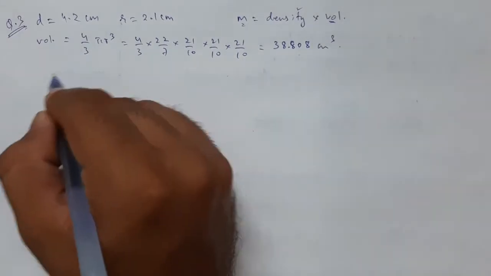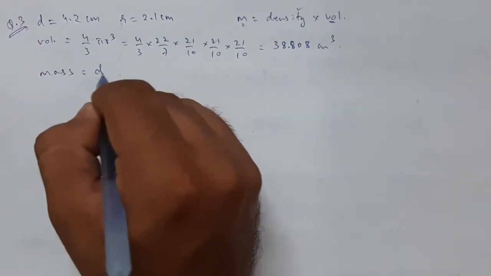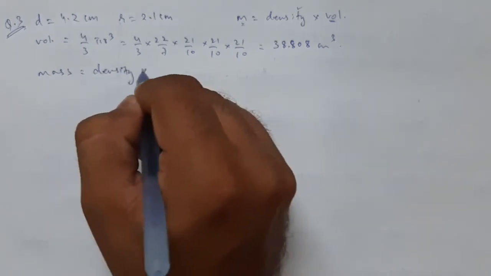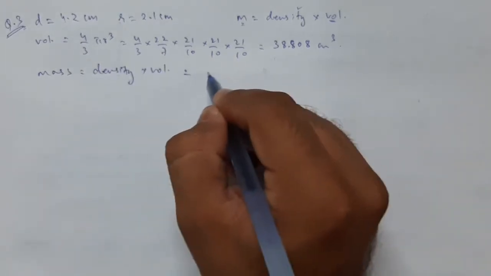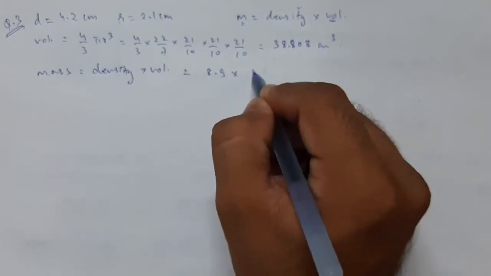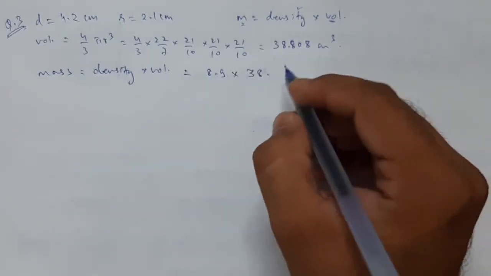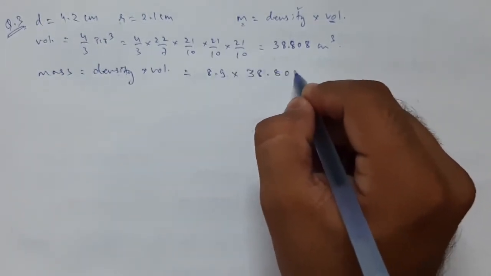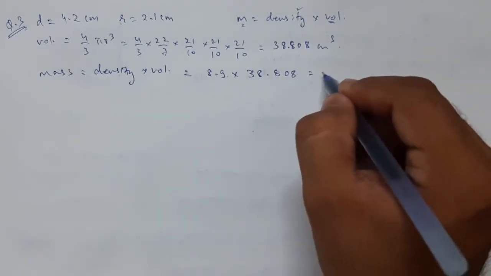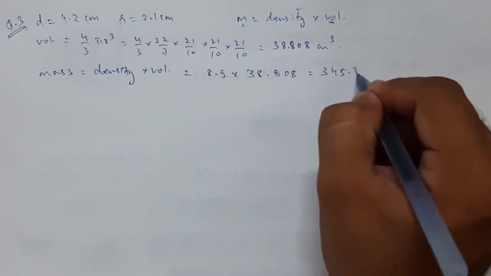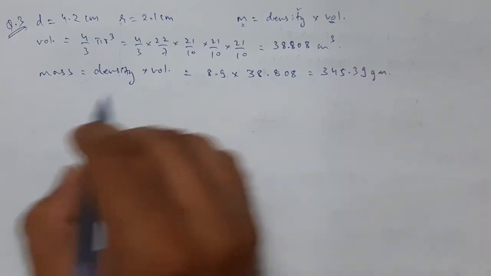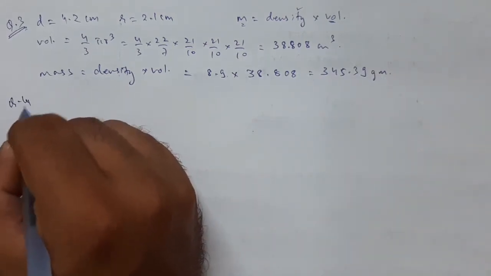Now mass is equal to density into volume, so that will give you 8.9 into 38.808, that is equal to 345.39 grams.